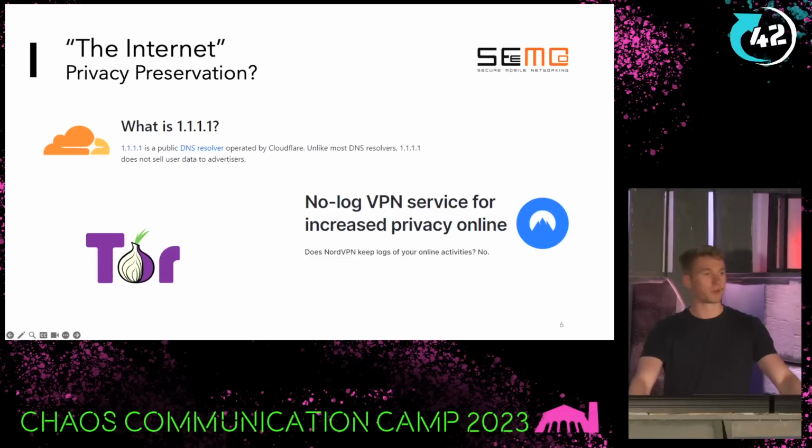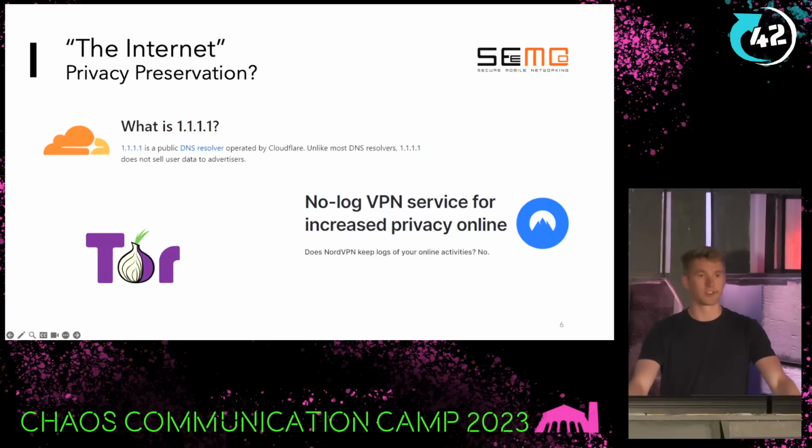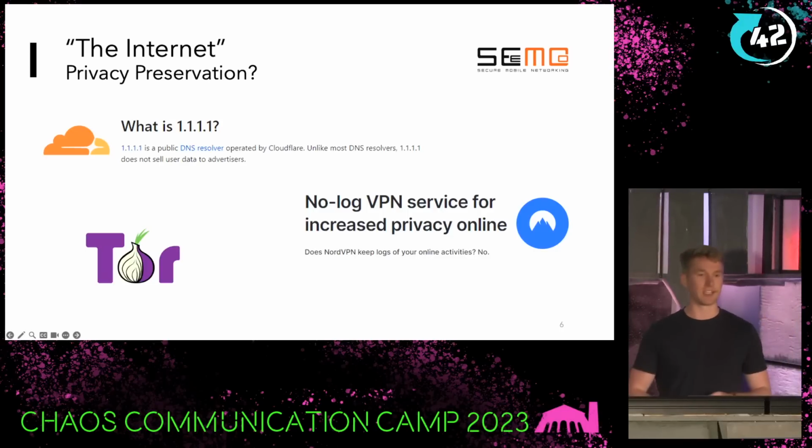There are some current approaches to counter these privacy problems. However, most of them require some sort of trust. For example, we have the DNS resolver of Cloudflare, 1.1.1.1, which simply claims that they are not collecting anything you send to them, so trust is required.